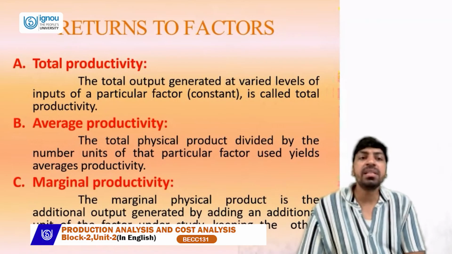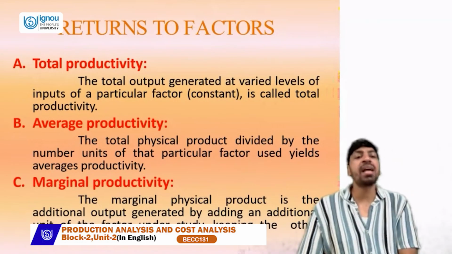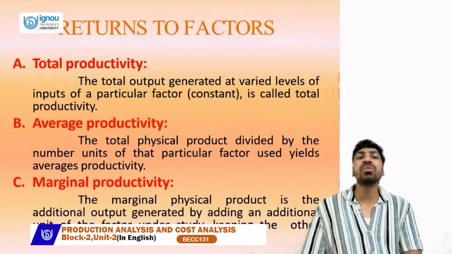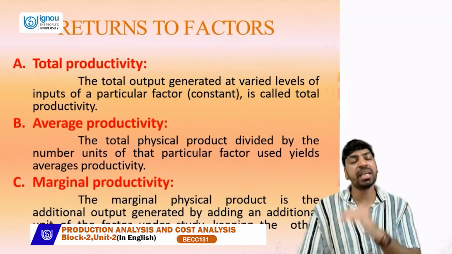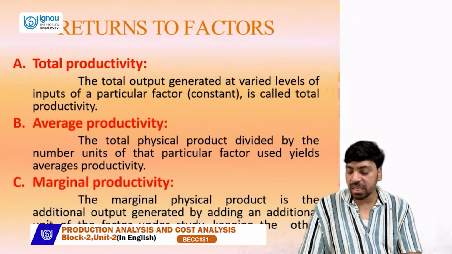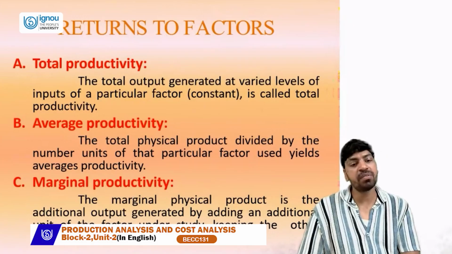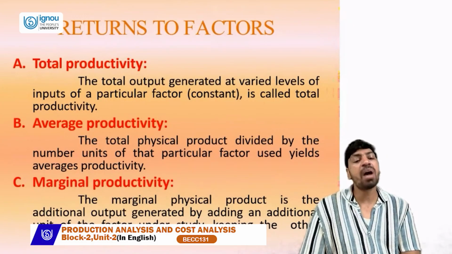The next concept is returns to factor. There are three returns to factor: total product, in other words total productivity; average product, or average productivity; and the third one, marginal productivity, that is marginal product.